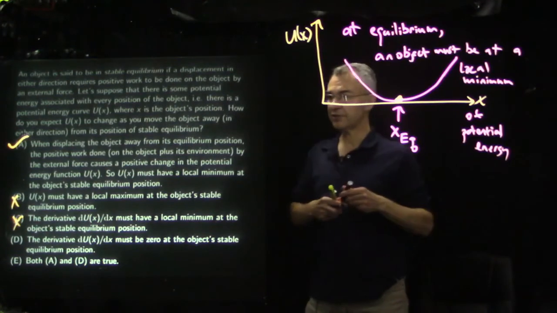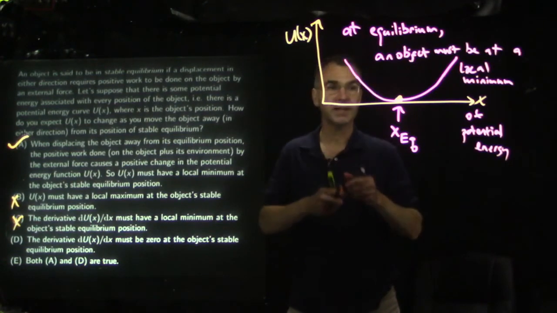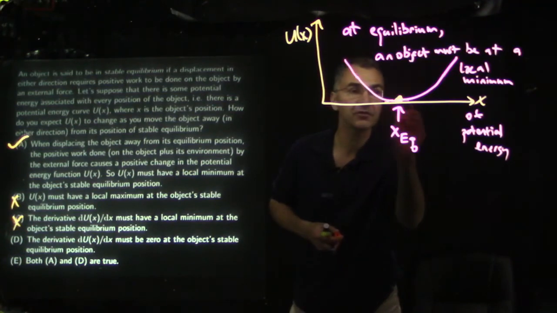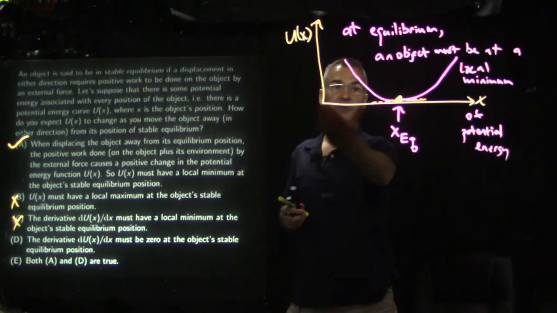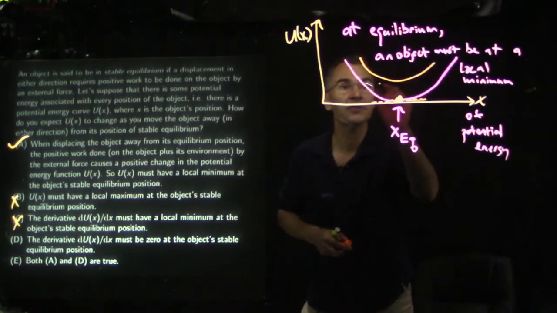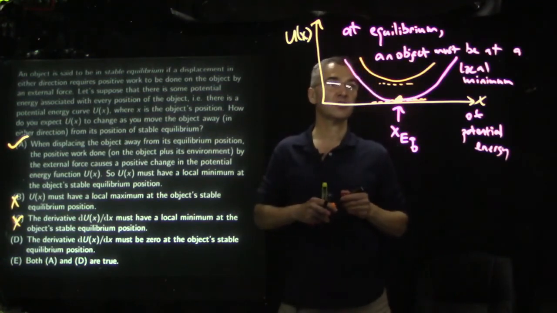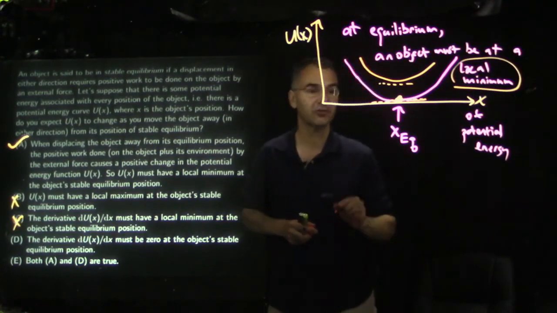D, the derivative du by dx must be 0 at the object's stable equilibrium position. I do like that because, you see, the slope of this u of x curve is 0 here. So there's no need for u to equal 0 here. But the slope of this u of x curve had to be 0 here. So I like that. And also, you know that when a function is at a local minimum, its slope must be 0.